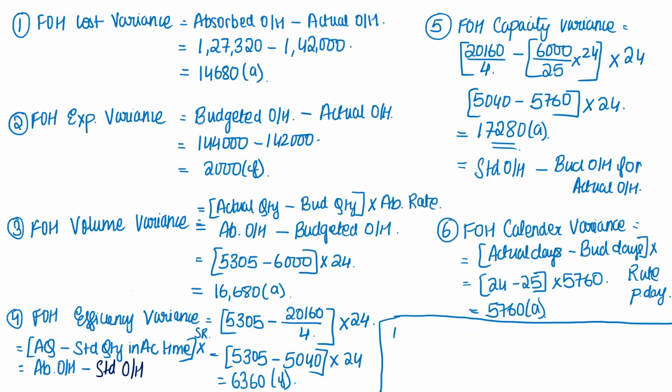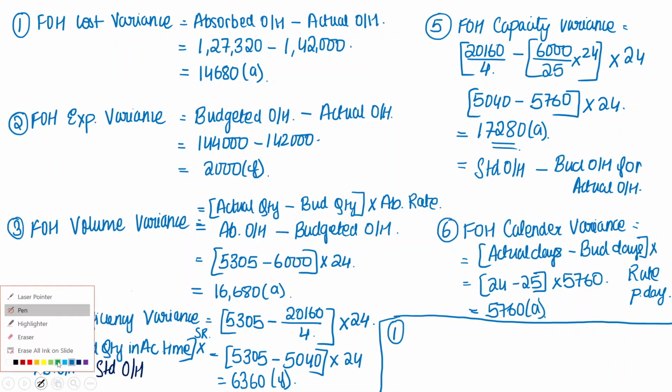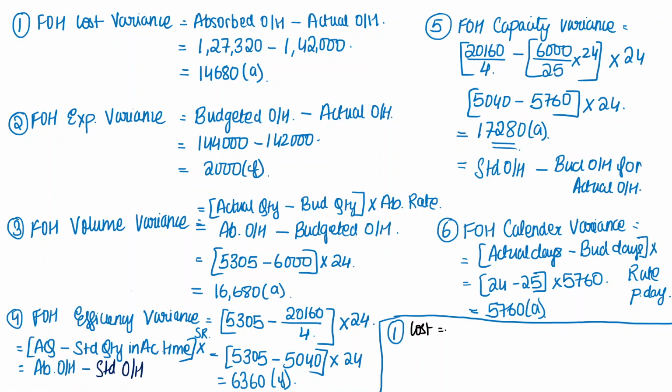Okay, so we are going to have some checks. Fixed overhead cost variance is equal to expenditure variance plus the volume variance. You can check: 14,680 adverse, 2000 favorable, and 16,680 adverse. Second check, volume variance is equal to efficiency variance plus your capacity variance. You can see 16,680 is 6360. I think it also includes the calendar variance.